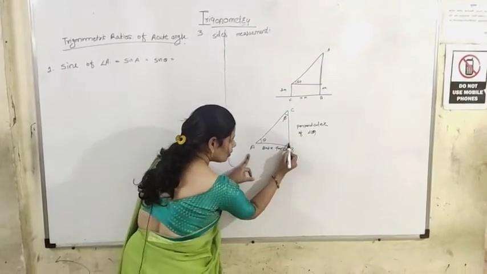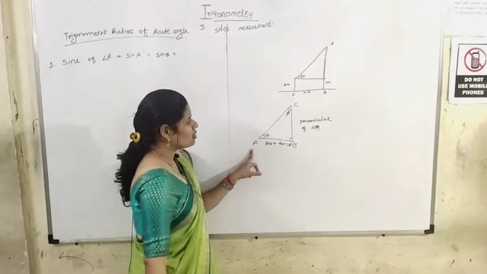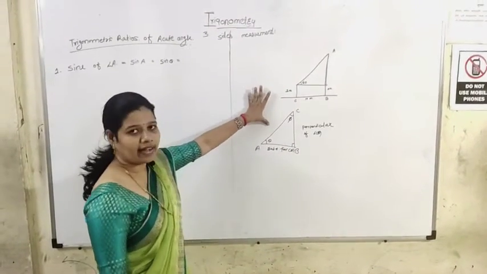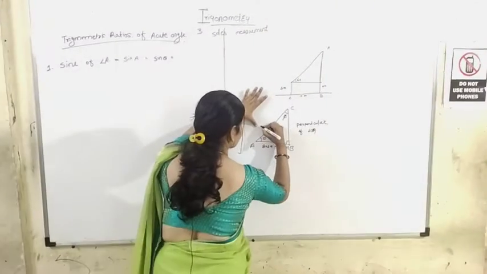And angle B is the right angle of the triangle. The side in front of the right angle is always the hypotenuse.